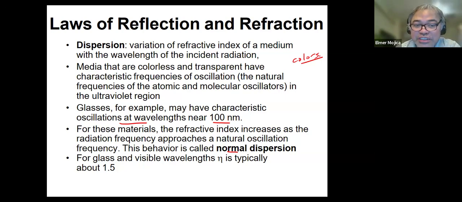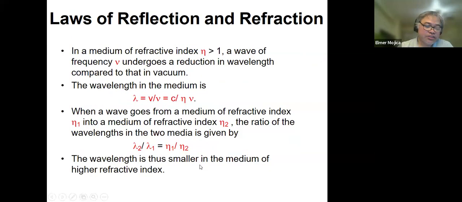The blue is the fastest. So normal dispersion is the separation of colors of light due to different speeds.